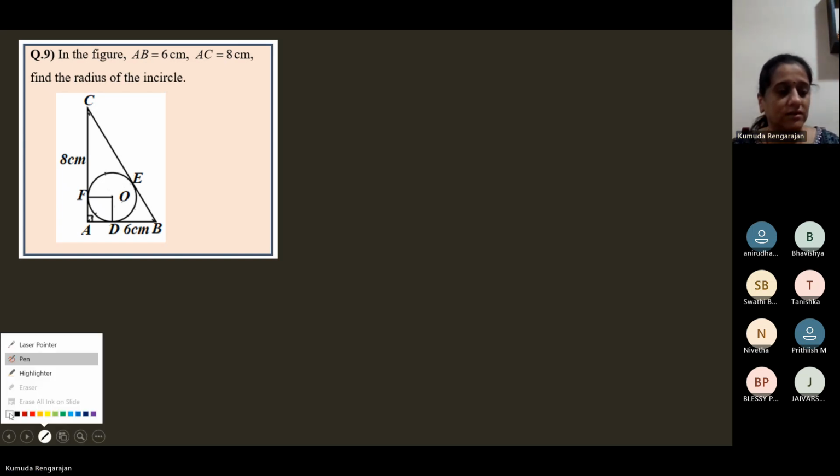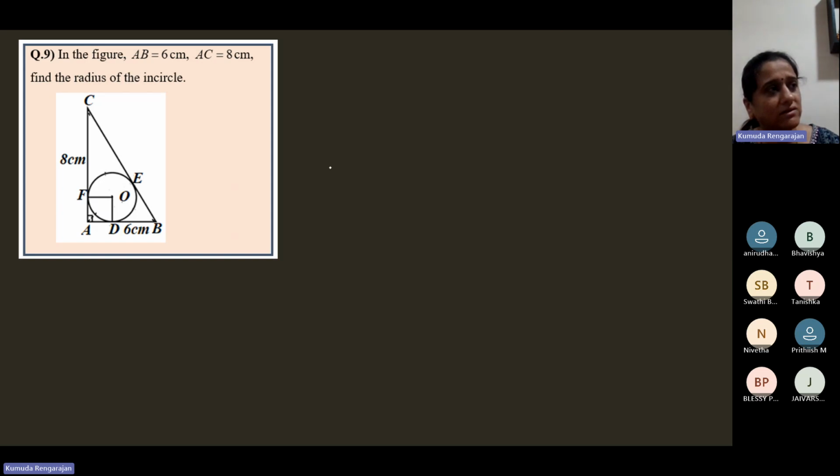So there I've worked in a different way. What's the other formula we learned actually? In general, in a triangle, area of triangle ABC is equal to half into inradius into perimeter of triangle ABC.